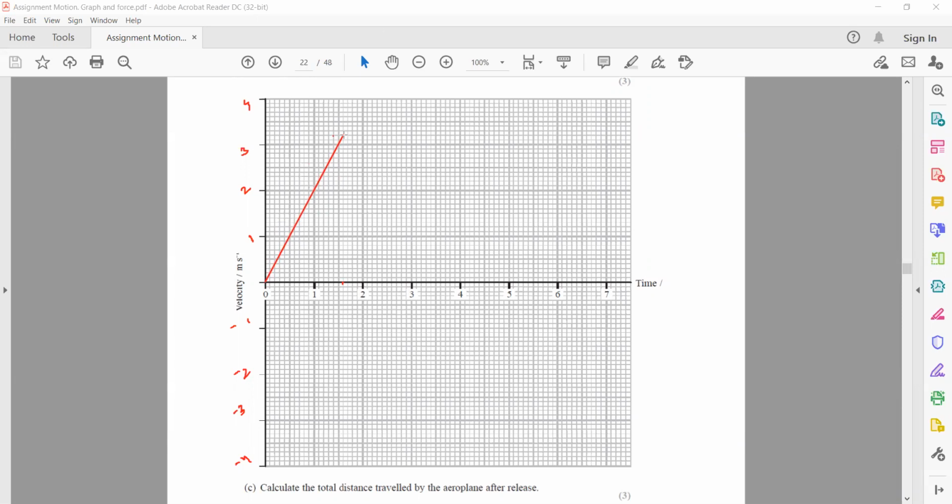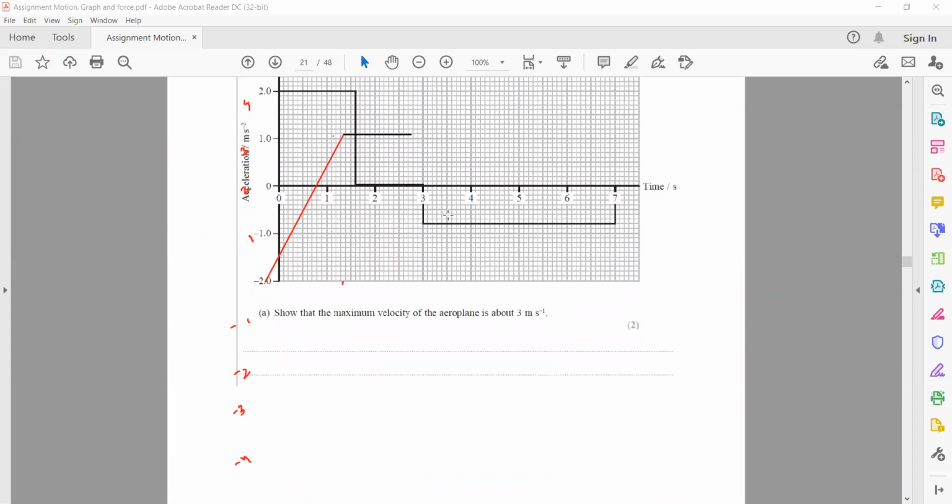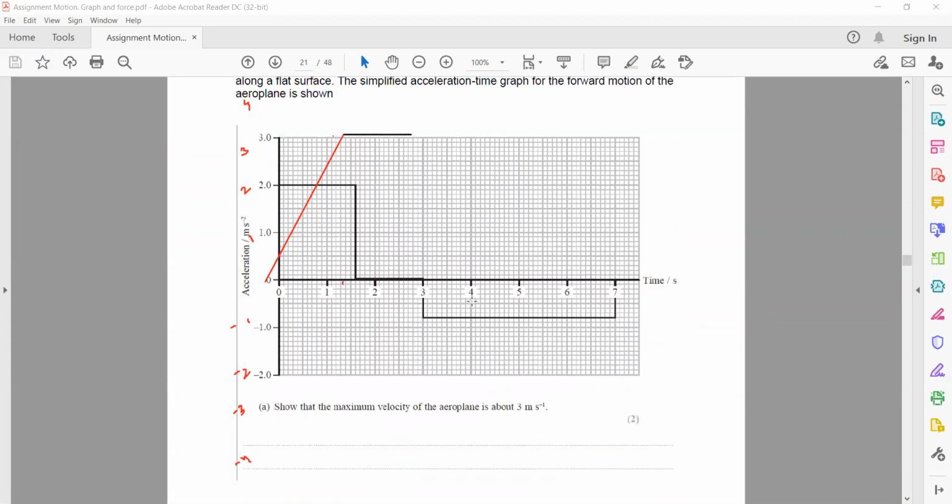Then there's a constant deceleration, so speed will decrease.